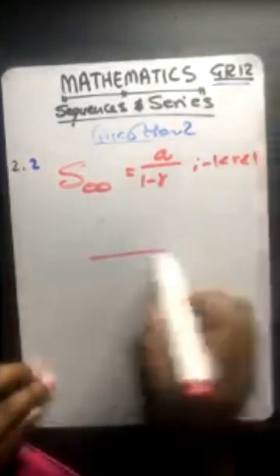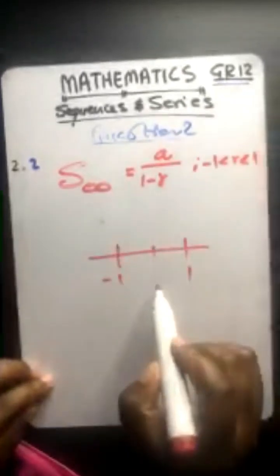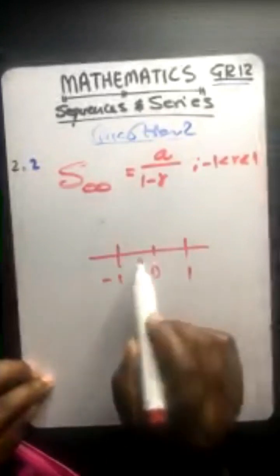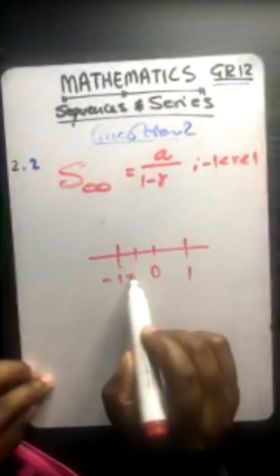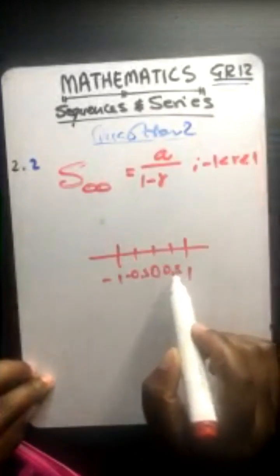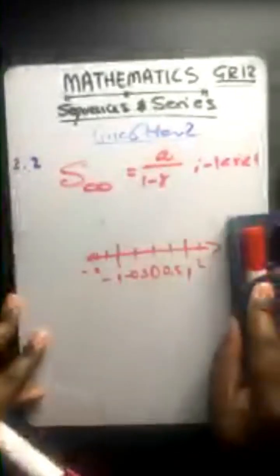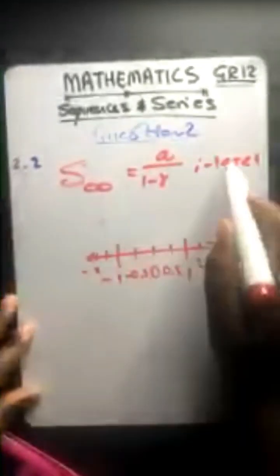A value which is between -1 and 1, that's if we have 0, it's in between. Even 0,5 is in between. But anything like -2 doesn't apply. Anything like 2 or 1,1 in that direction, it doesn't apply. Also, even if it's -1, because you can see they're not saying equals to, they're saying less.